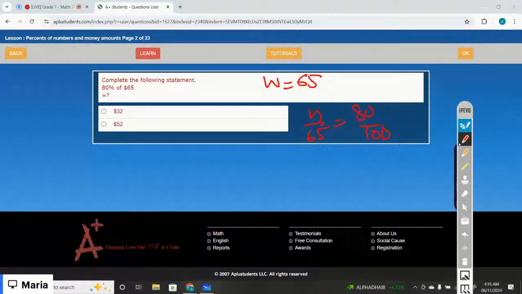So which is the correct option? That is n equals 80 times 65 over 100.